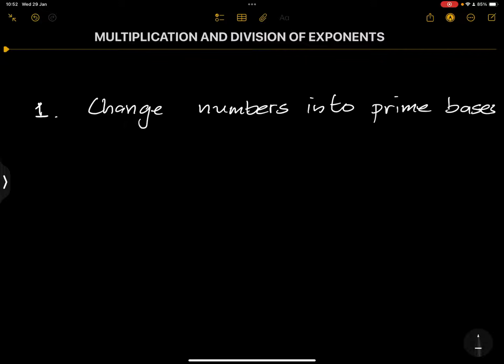What are prime numbers? Prime numbers are numbers that are divisible by either 1 or itself. Any number that is divisible by 1 or itself. So 2 would be a prime number. Why? Because it has only 2 factors, which are 1 and 2. 1 and itself. 3 would be a prime number. What are the factors of 3?